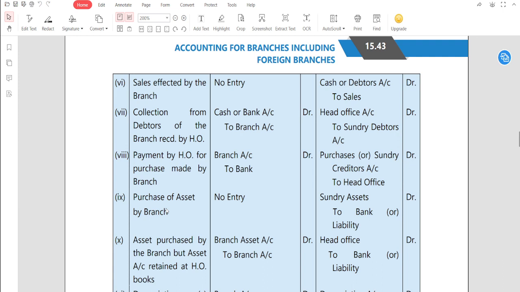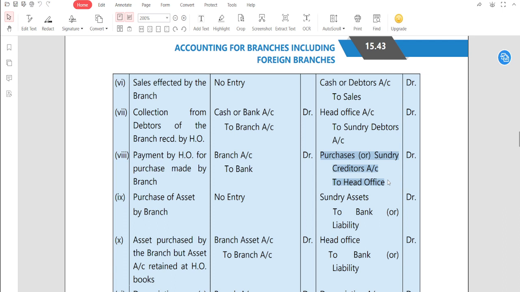The only reason is that HO makes the payment. If HO makes the payment, purchase should be debited. And if HO paid the amount to the Sundry creditor from whom the branch purchased, then Sundry creditor will be debited. It's very easy. Try to focus on that part. In this journal, if the branch purchases goods in cash, then purchase to HO, because HO paid the cash.